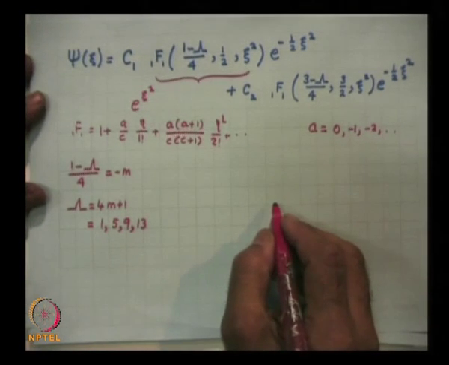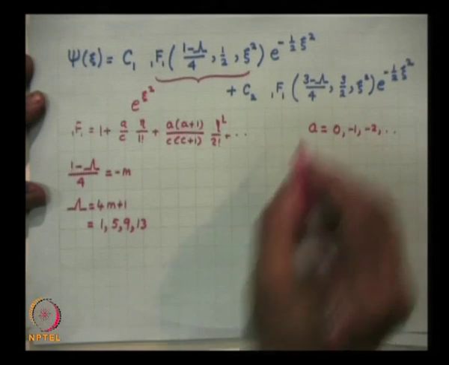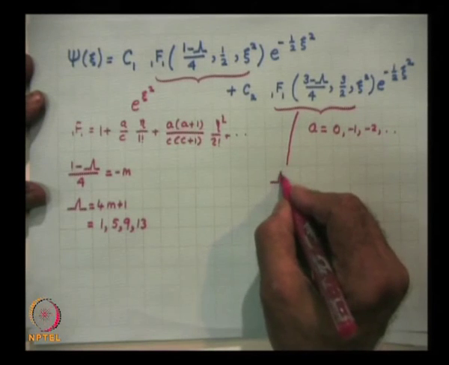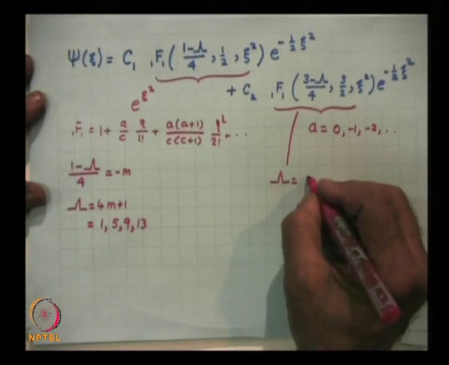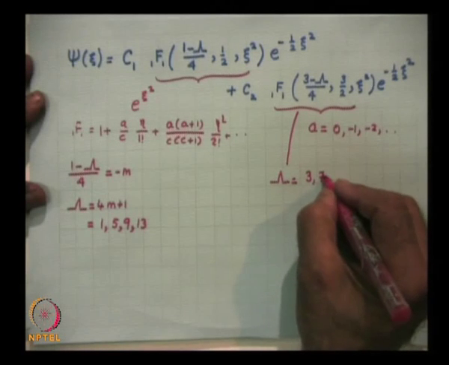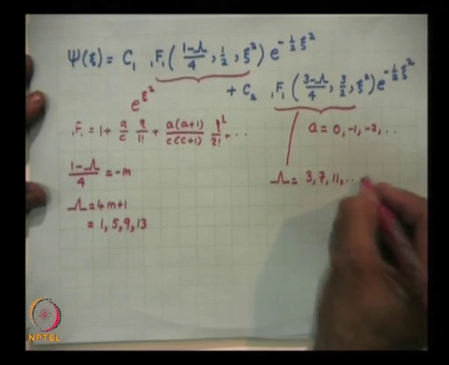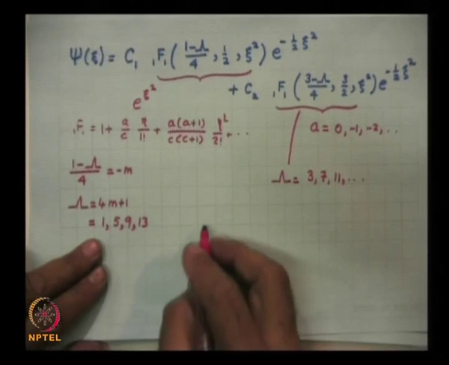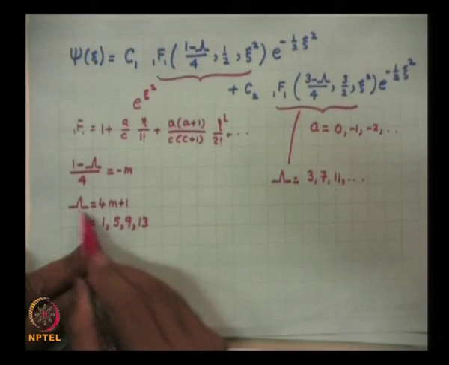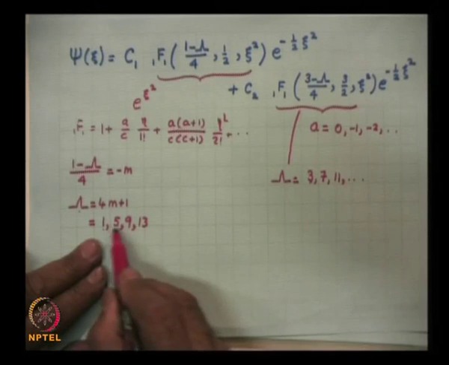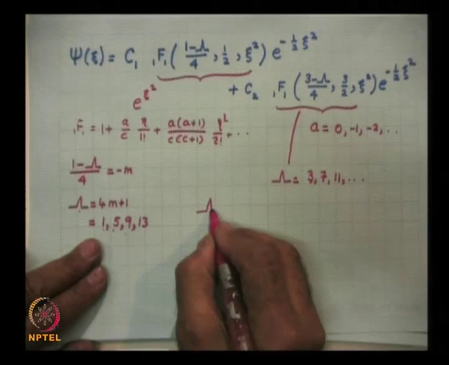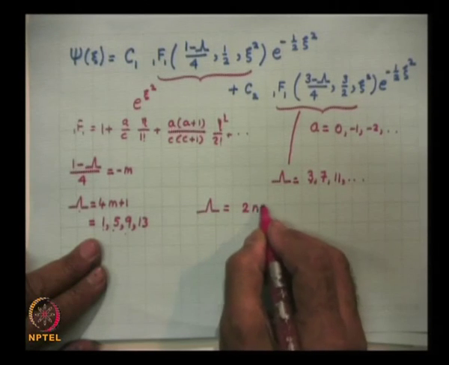Similarly, in this case, this will become a polynomial only when lambda becomes 3, 7, 11, etc. Now, we had done last time for lambda equal to 1. So, therefore, I can see that lambda can take values 1, 3, 5, 7, 9, 11, 13. So, lambda will take only odd integers.